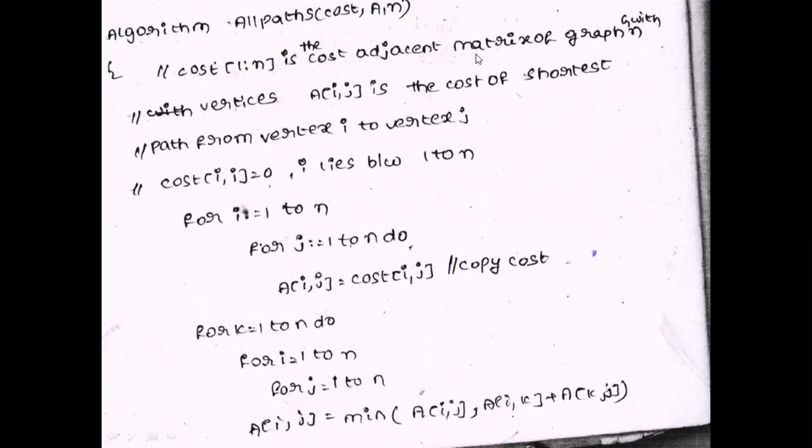The cost adjacency matrix of the graph is represented as A of i comma j, the cost of the shortest path from i to j. Next, the cost of i comma i equals 0, for i between 1 and n. Next, for i equal to 1 to n and j equal to 1 to n, the matrix A of i comma j equals the cost of i comma j. That is, first we consider the cost matrix.